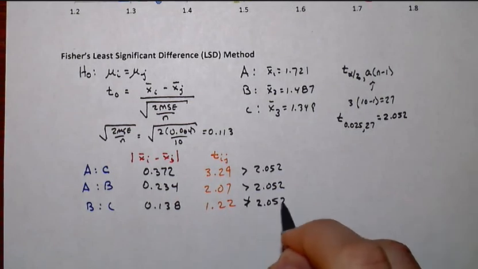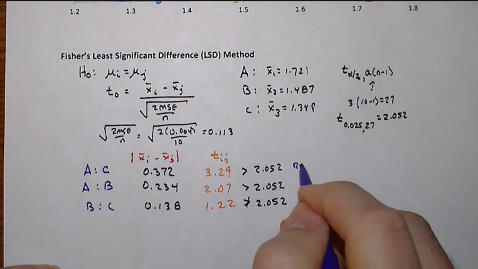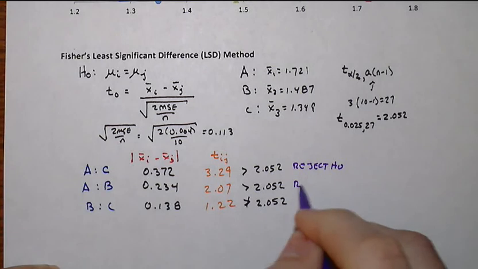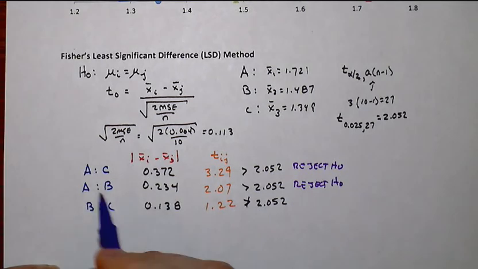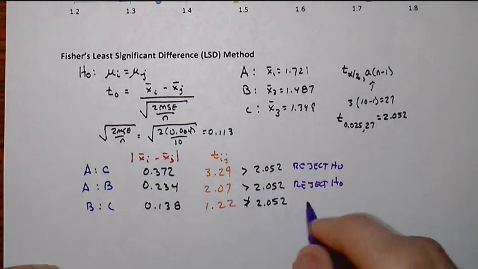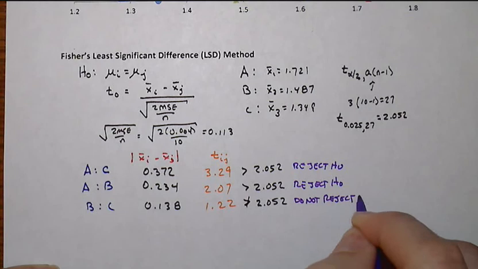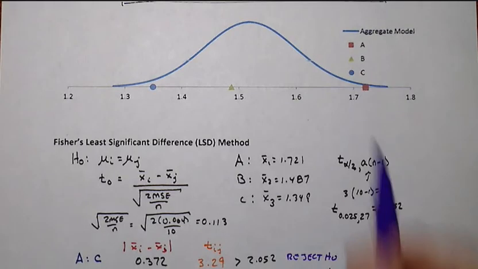And what does that tell us? Well, it tells us that we should reject the null hypothesis for A to C, reject the null hypothesis at the 5% significance level for A to B, but do not reject for B to C. Let's go back up to what this says up here. A is sitting way out here.